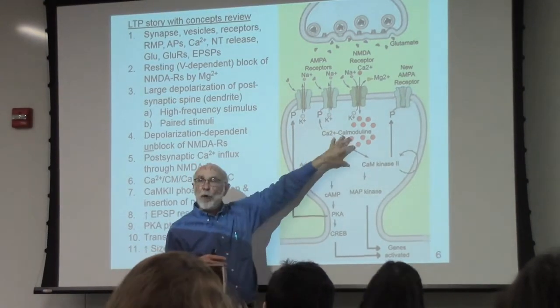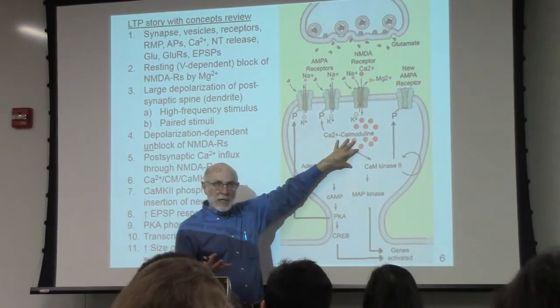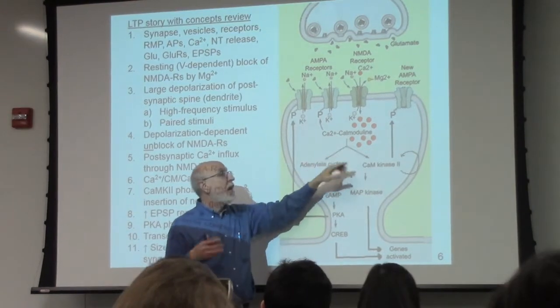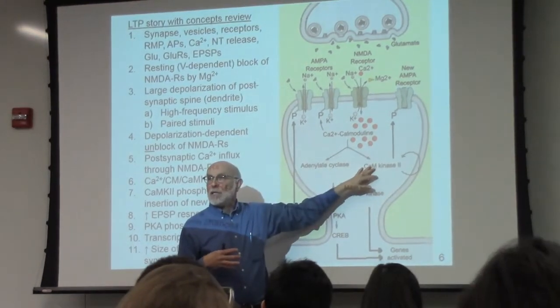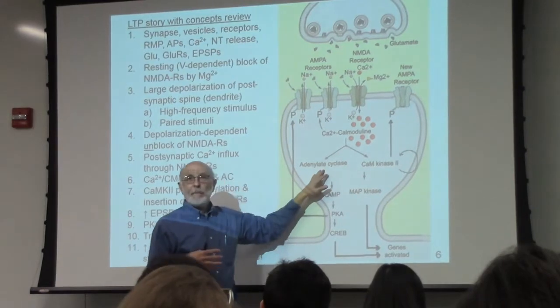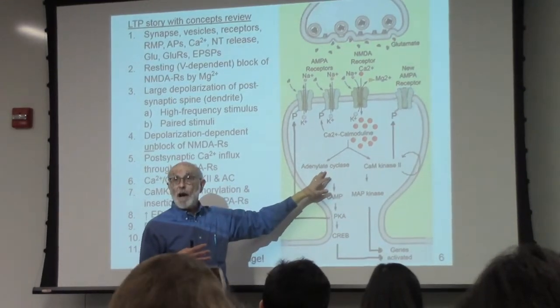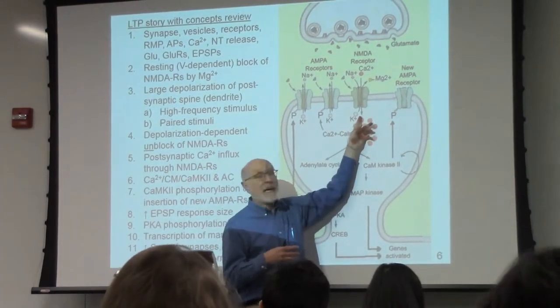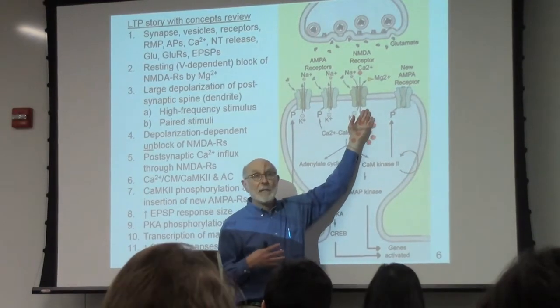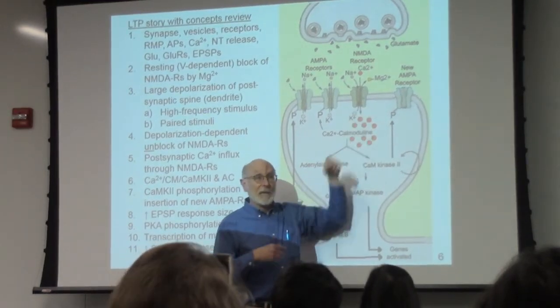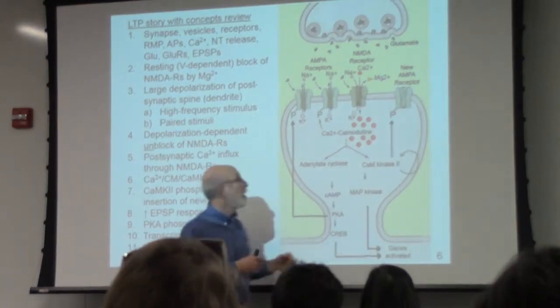So now this postsynaptic spine is changing, right? Things are gonna happen because kinases and creators of second messengers have been activated by the calcium that came through the unblocked NMDA receptor. And they were unblocked because they just got a buzz of activity.